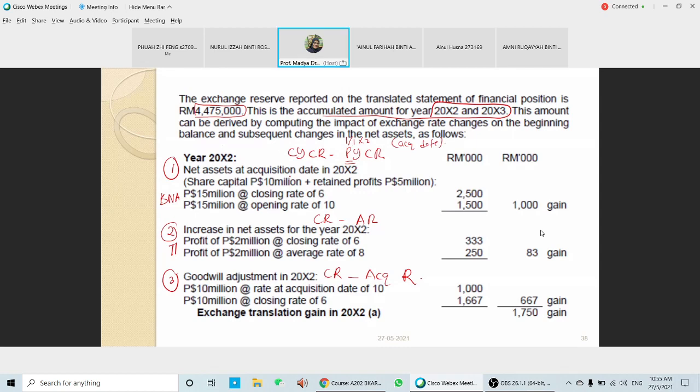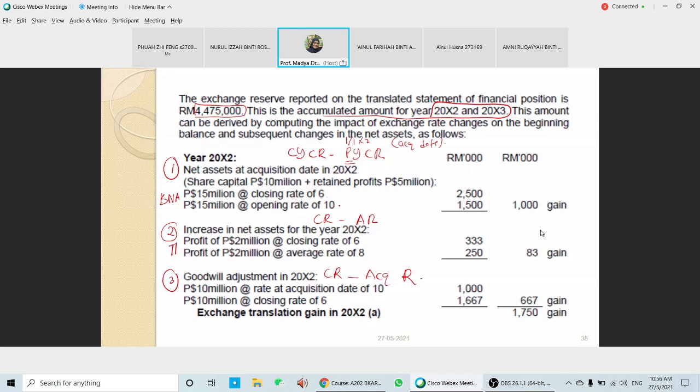Now we look at the share capital here. The closing rate at the year X2 was 6. The rate was given. So this is the closing rate at 6, and then the opening rate here is 10.